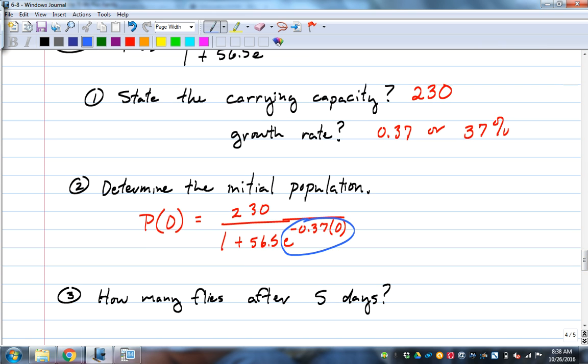Anything to the 0 power is a 1. So we really end up with 230 over 57.5. Well, 1 plus 56.5, which is how much? 57.5. How much? 4.